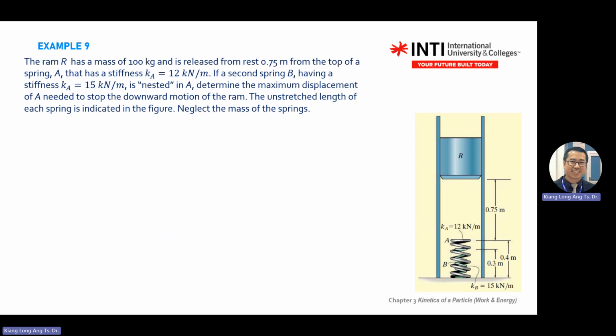If you look carefully, you have spring A and spring B. You are given the spring coefficient for A, the spring coefficient for B, the initial length of B, and the initial length of A. And the ram R is on the top, 0.75 from the top. Even though this one does not give you a datum, you should be clever enough to put your datum on the floor, so all your values are positive.